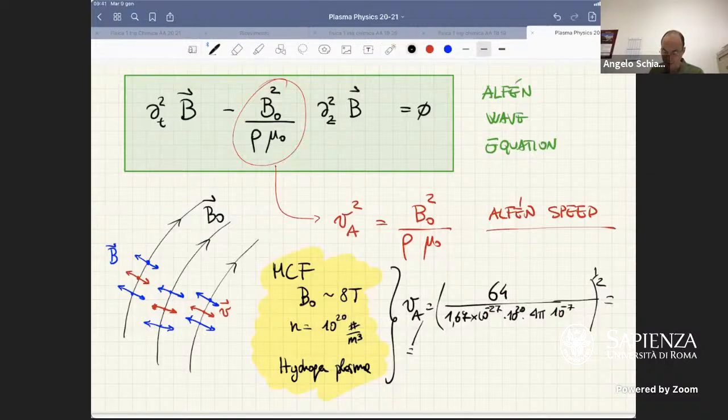So we have 64 times 10 to the minus 14. Then at the denominator we have 1.7 times 4 pi, and 4 pi is about 12 something.